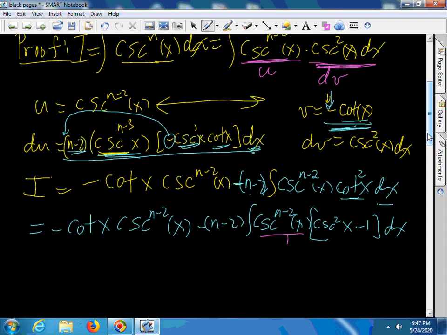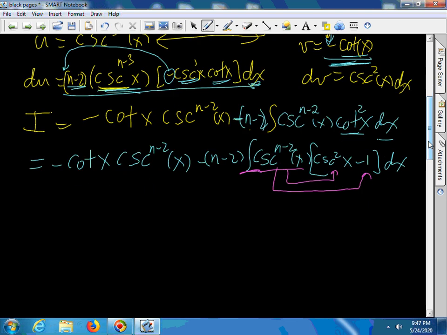Because when I multiply this by this, I'm going to get back the integral of cosecant^n of x, what I started out with. And when I multiply this integral by negative 1, I'll have the integral of cosecant raised to n minus 2 of x dx, a smaller power. And that's just what we want.